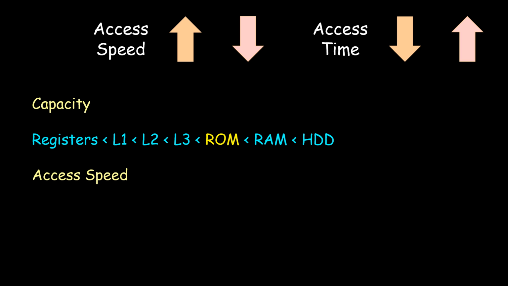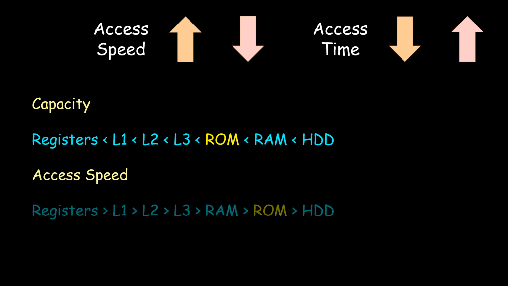When we order the memory components in descending order of access speed, we get registers, L1, L2, L3 cache memories, and then RAM, ROM, and HDD.